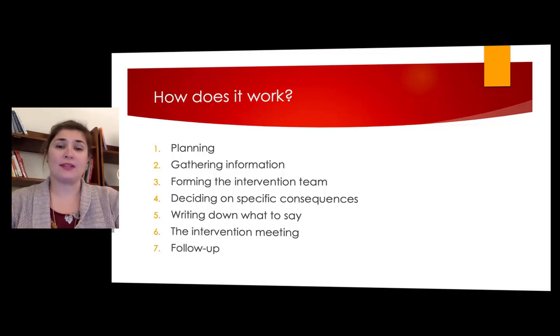The reason for this is to make sure that the stories that were shared in that intervention are enough motivation to get them to go, and to not allow time for them to back out of it. Each member will then say specific things that they will plan to do if the addicted person does not accept the plan for treatment.